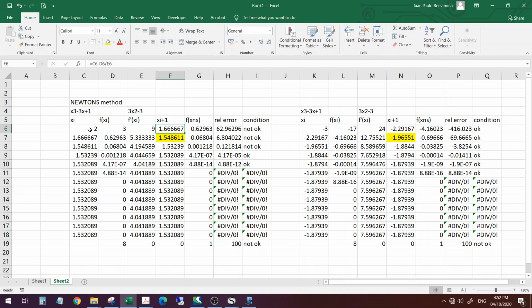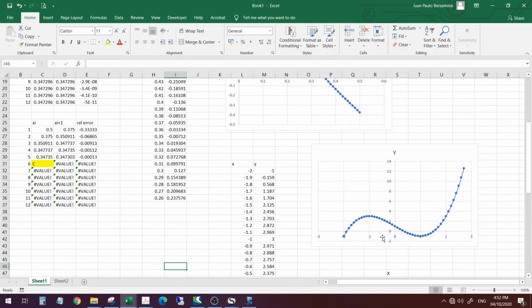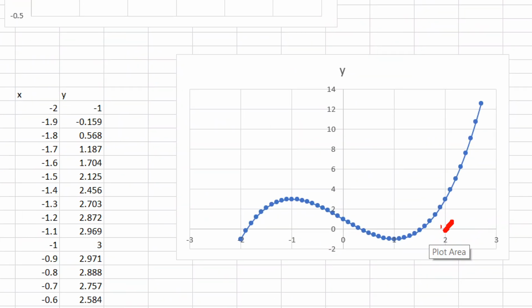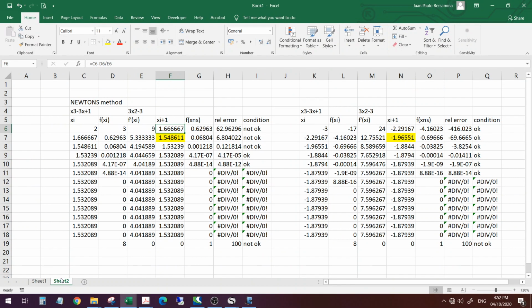Okay, so let's say for the next root, again we got this 0.34 something here. So I'll assume our initial x is around 1 and 2, right? As you see here, it's between 1 and 2. So for here, let's assume 2. Okay.